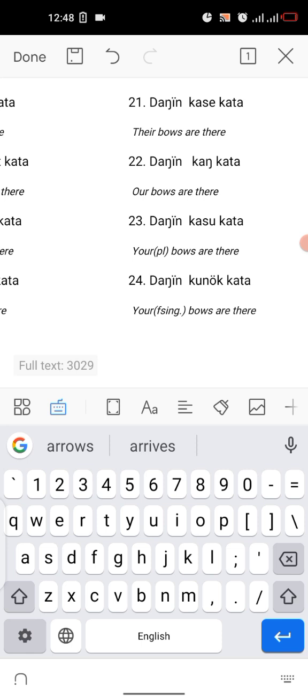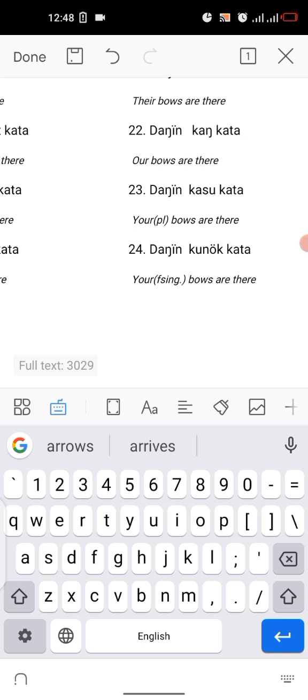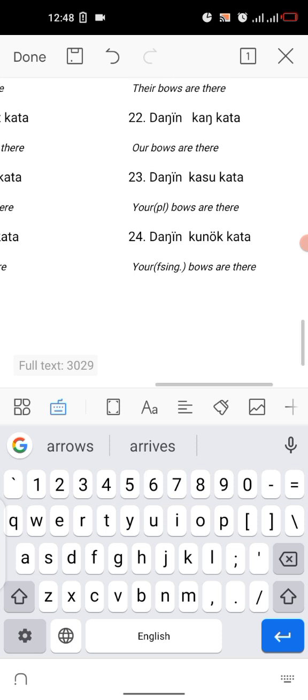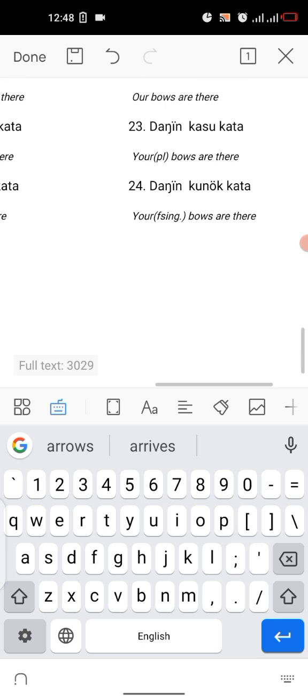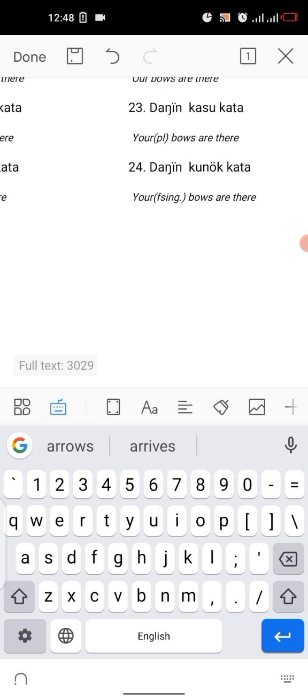Number 23, dangin kasu kata. Your bows are there. Here, when you are referring to many people owning many things. Number 24, dangin kunak kata. Here, when you are referring to one person owning many feminine things.